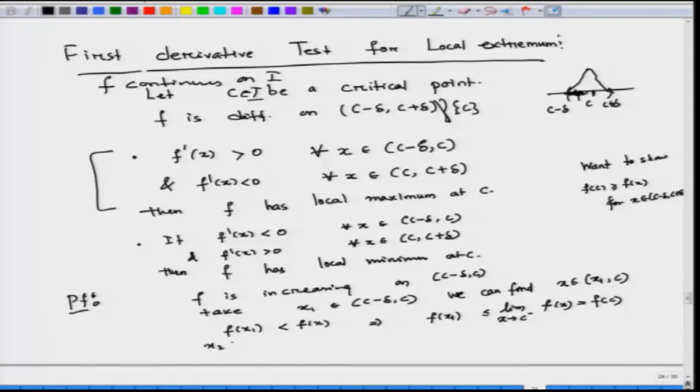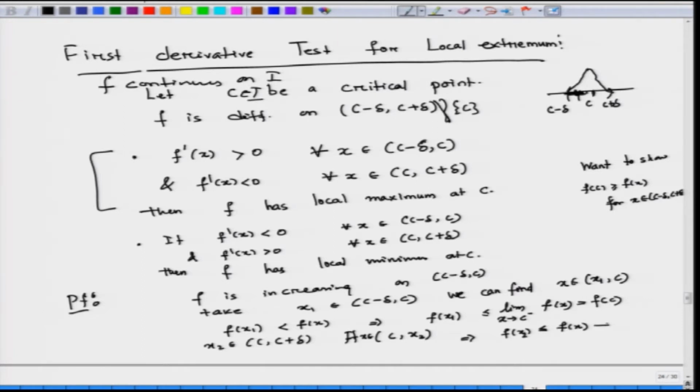Now, similarly, if you take x 2 belongs to C to C plus delta, then there will be an interval C to x 2, a non-empty open interval, and if x belongs to this, this will imply that f of x 2 is lesser equal to f of x, since in this it is decreasing.